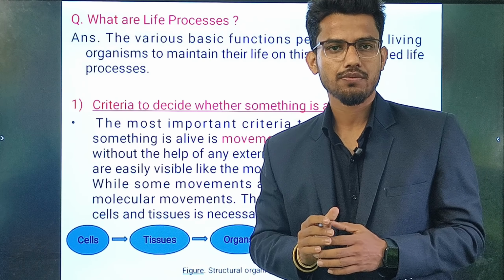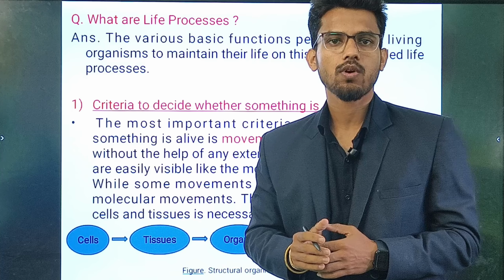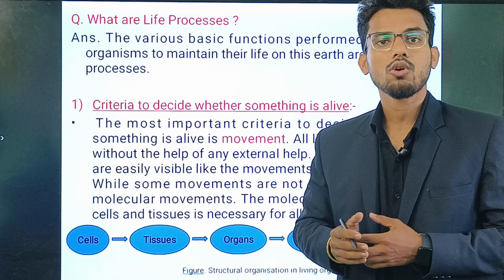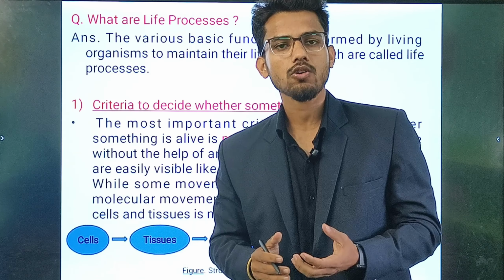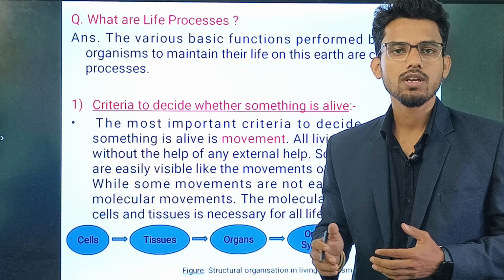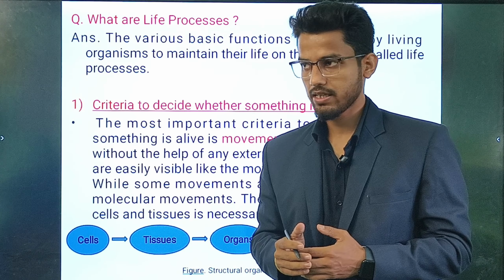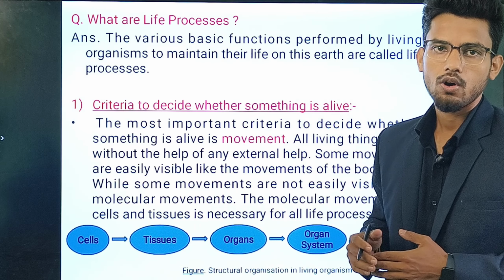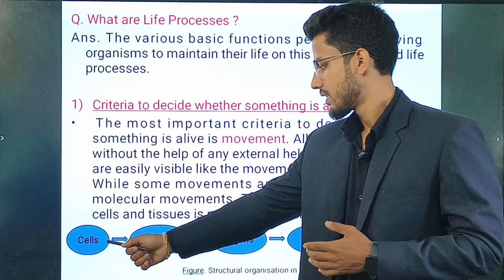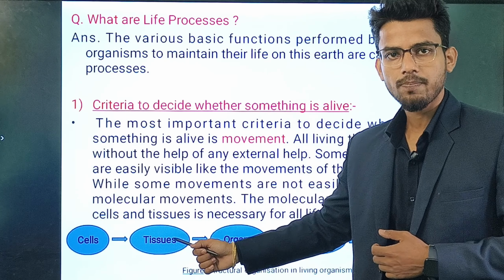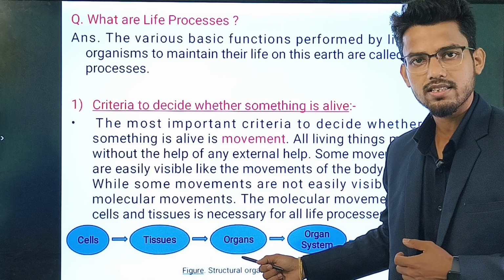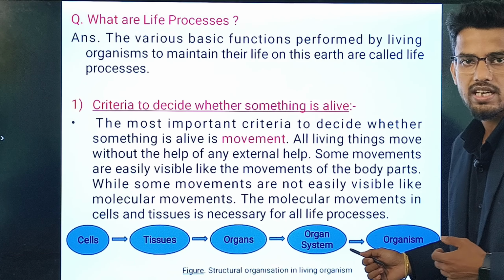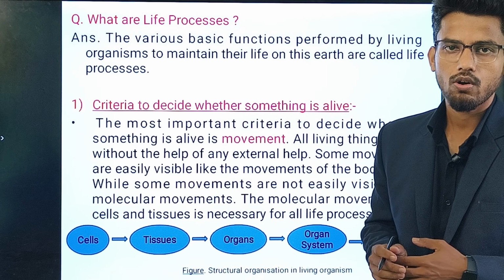There are distinct differences between what we can see and what we cannot see. Some things are observable, whereas some things we cannot observe. The things we cannot observe during movement are cellular and molecular movements, which takes us to the cellular organization of living organisms, in which cells give rise to tissues, tissues give rise to organs, and organs give rise to organ systems, and later to the complete living organism.